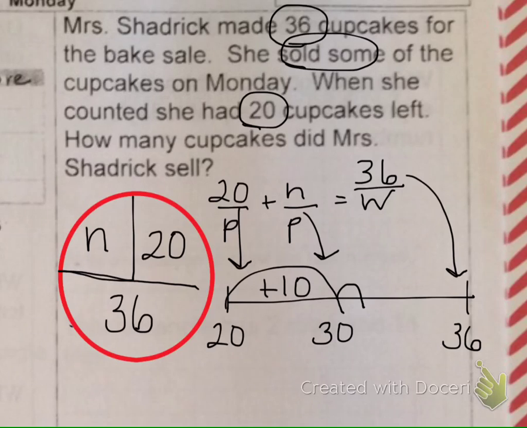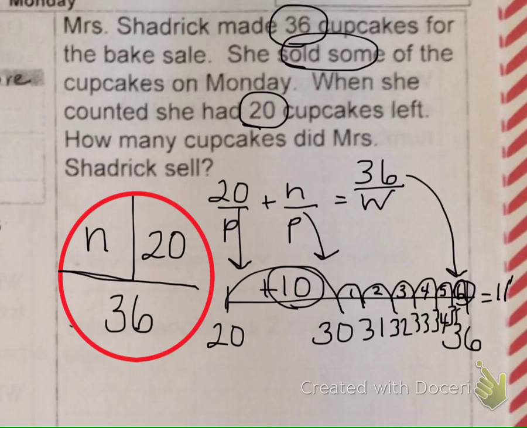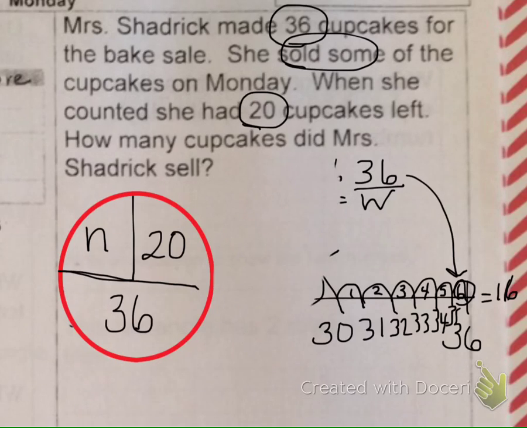So 31, 32, 33, 34, 35, 36. So that's 1, 2, 3, 4, 5, 6 jumps. So 10 plus 6 equals 16. So n equals 16.